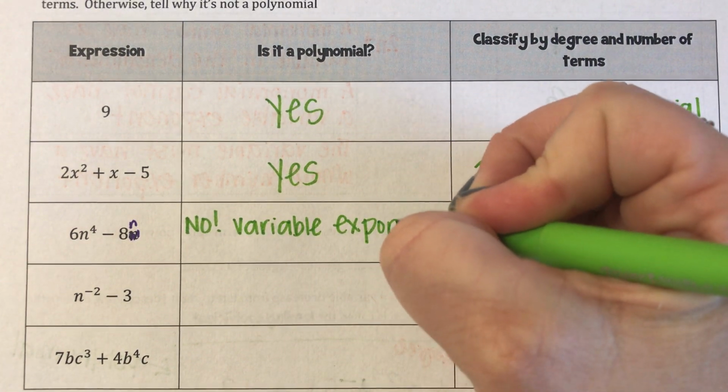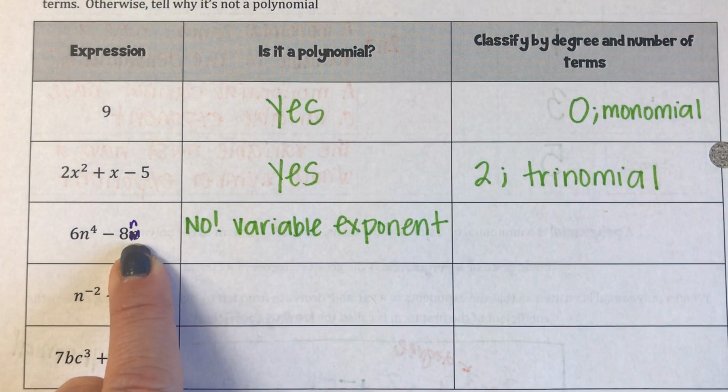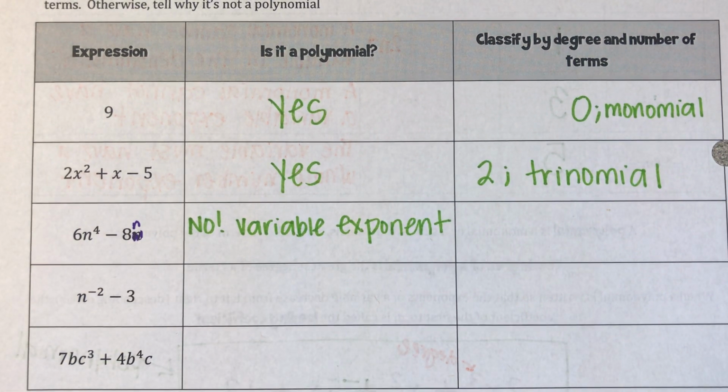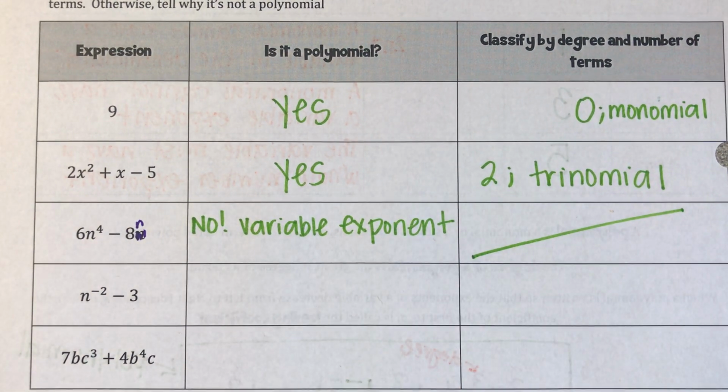I'm trying to give you a couple examples that are no. We talked about it on the front. This is not a monomial because it doesn't have a whole number exponent. We don't know what n is. N could be a decimal for all we know, right? It's a variable, not allowed. So it is not a polynomial. So because it's not, we can't do any of that.